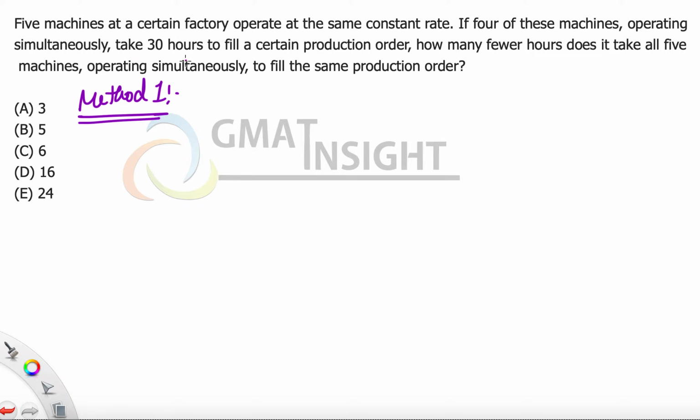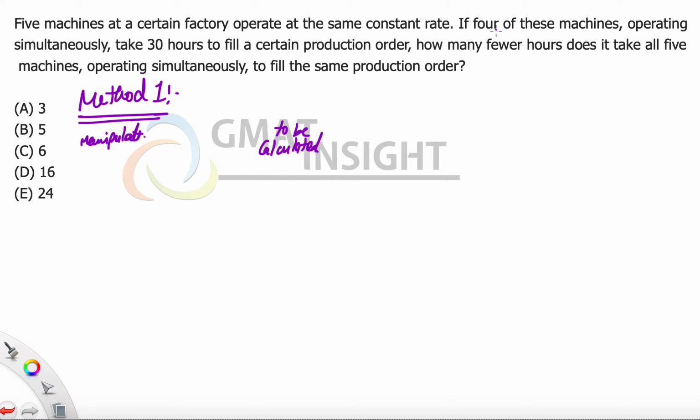4 machines can do it in 30 hours. And we have to find how many fewer hours we need. In the unitary method, anything that we want to manipulate should be kept on the left, and what is to be calculated should be kept on the right.